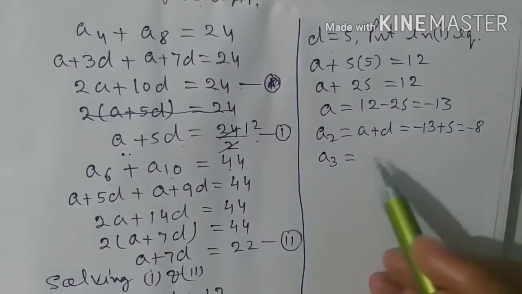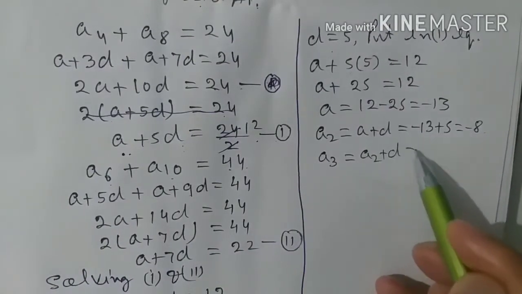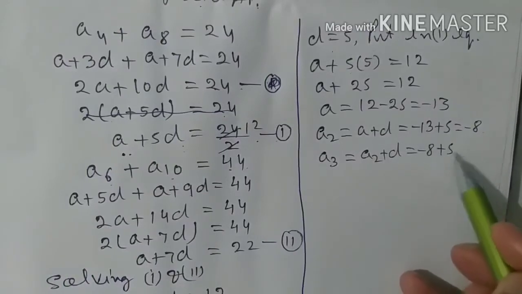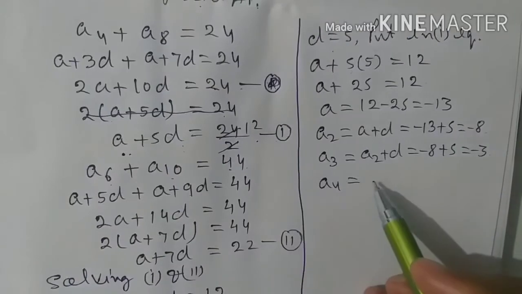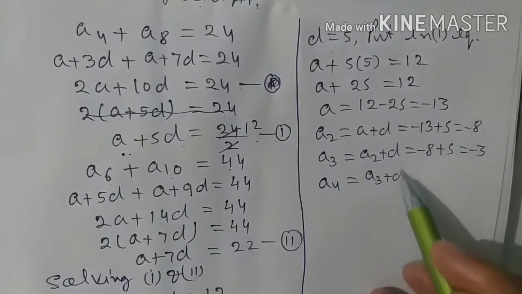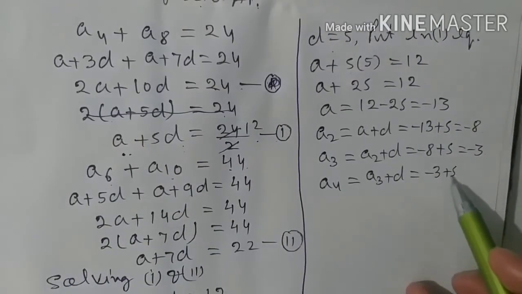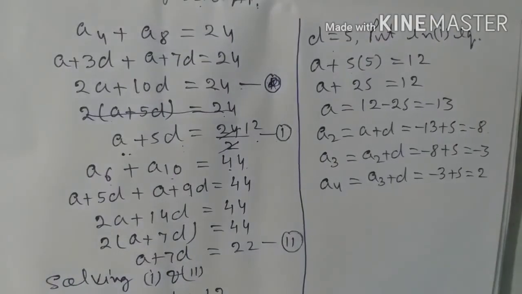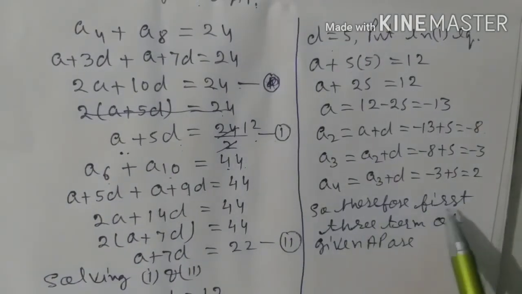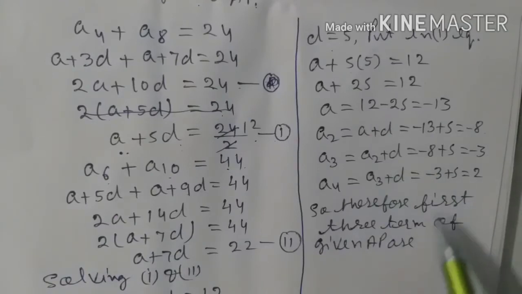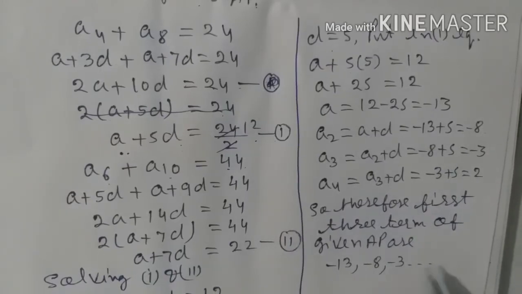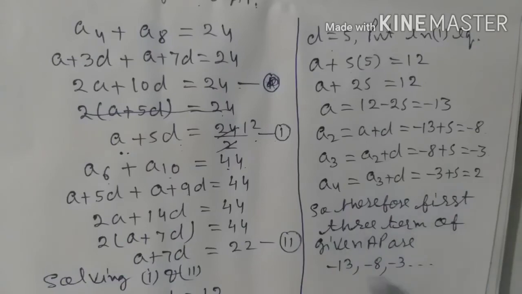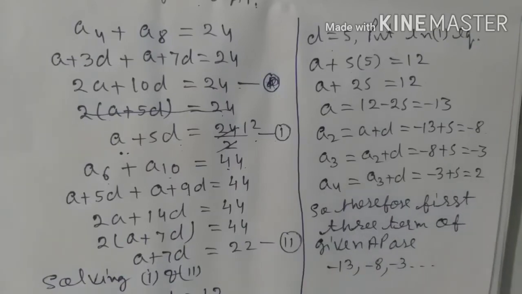A3 means A2 plus D: minus 8 plus 5 is minus 3. A4 means A3 plus D: minus 3 plus 5 is 2. So the first three terms of the given AP are minus 13, minus 8, minus 3. This is your answer.